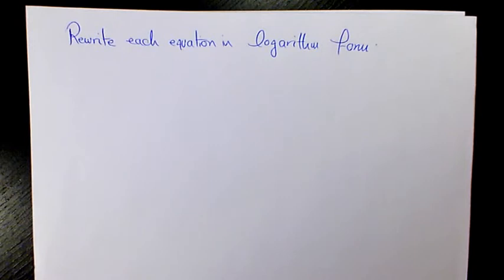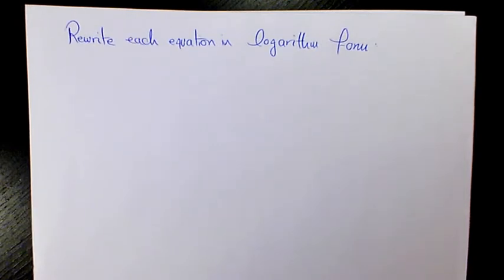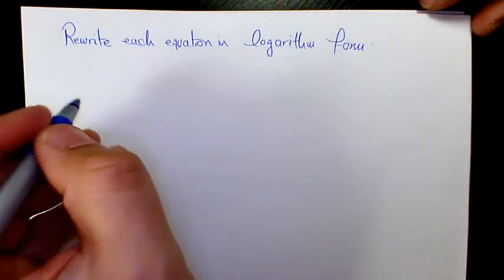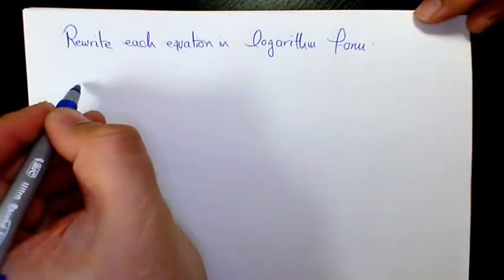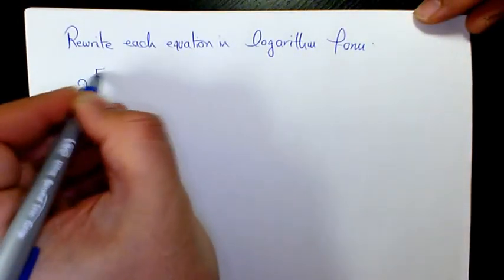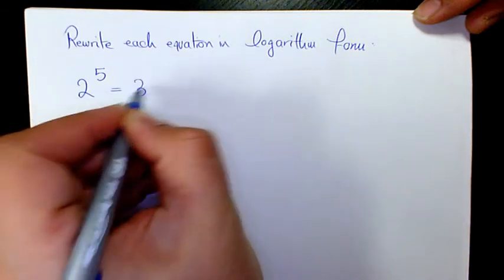Sometimes they ask you to rewrite the equation in logarithm form. For example, 2 to the power of 5 is 32.